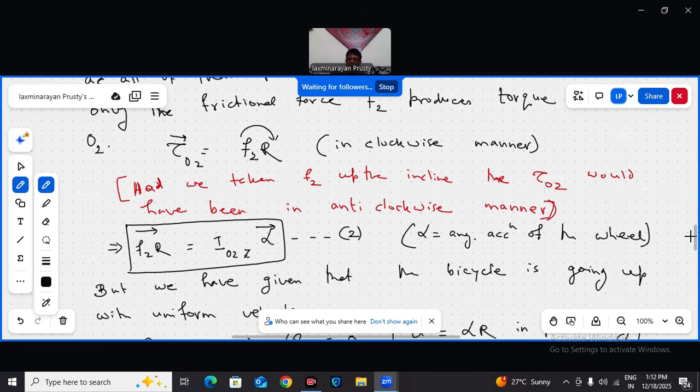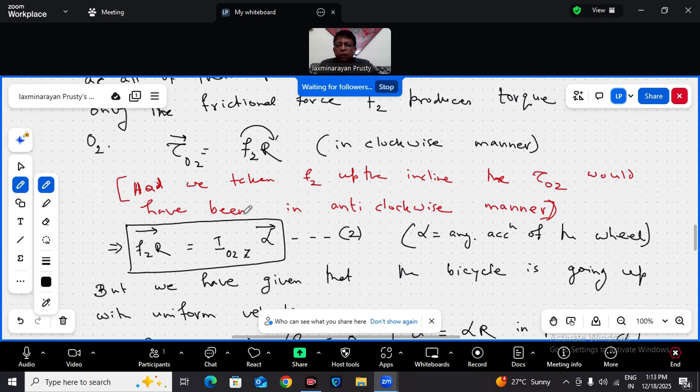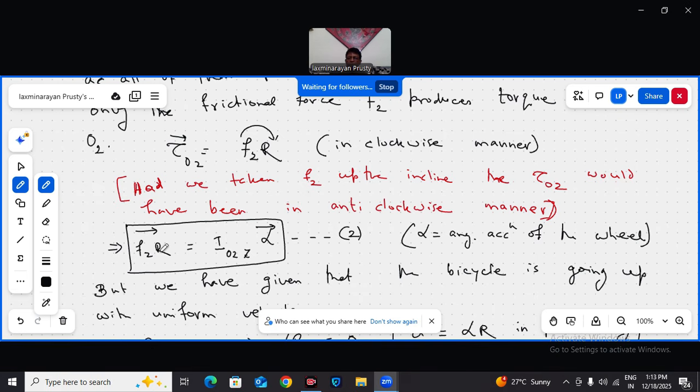Torque about the axis of rotation is I about the axis of rotation into angular acceleration. Are you observing? Okay. So here F2R, that is clockwise direction, is I_O2Z into alpha, clockwise direction.